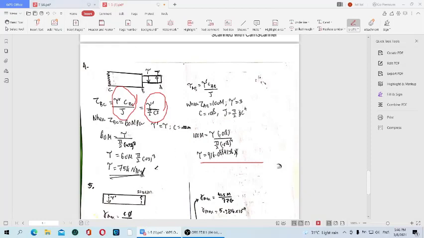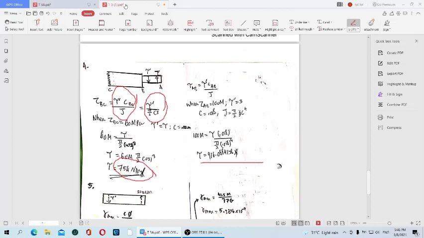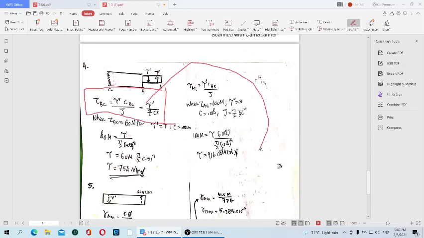But for the final value of torque, you need to take this one. It is because, imagine if you have 916.09 torque being applied at point A, according to this equation for point BC, you will have this torque value and a value of C for BC that will be 0.02 meter.